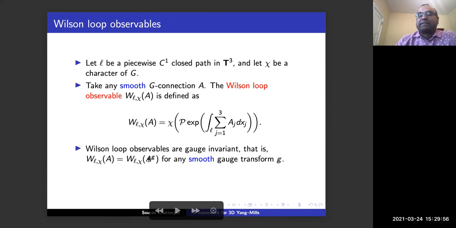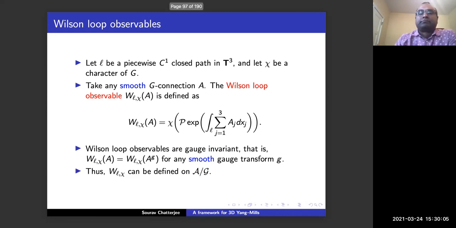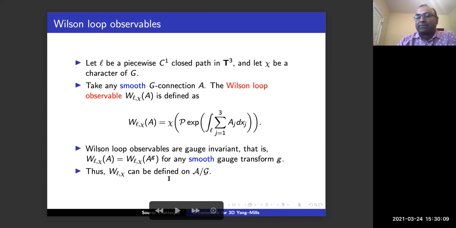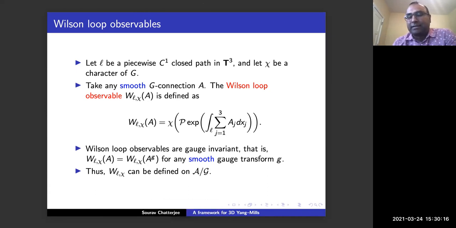If you do a gauge transform to A, you can show that the Wilson loop observable does not change, for any smooth gauge transform. This is all smooth now, so it can be defined on this quotient space. I haven't defined the exact regularity of script T and script G, but anyway, this is the idea.